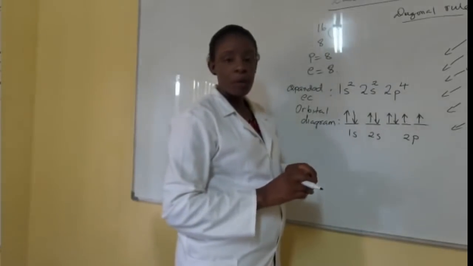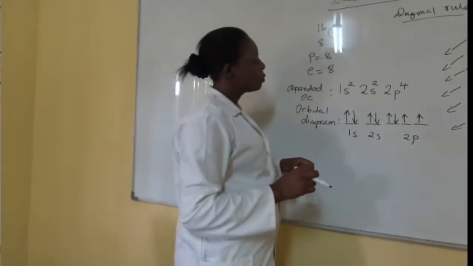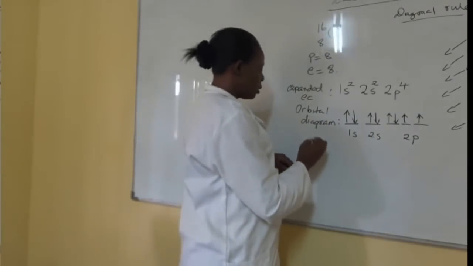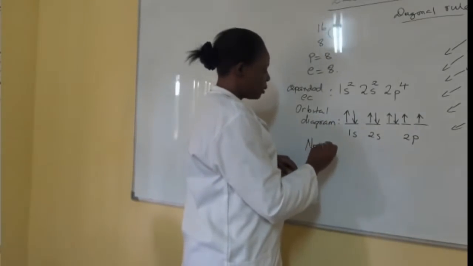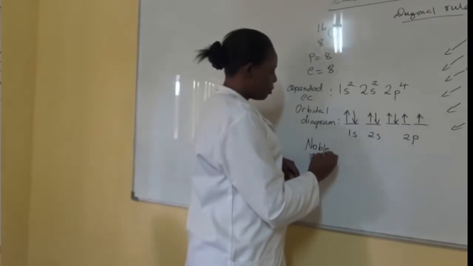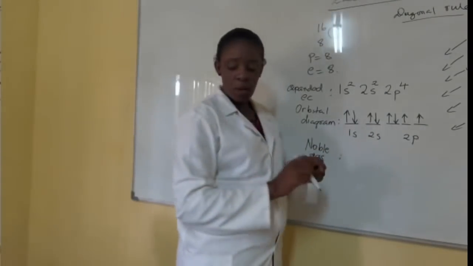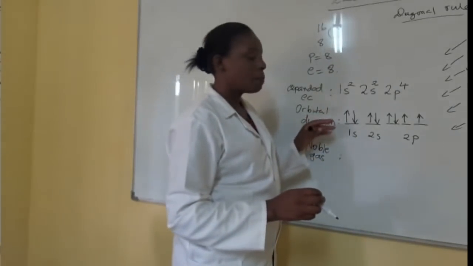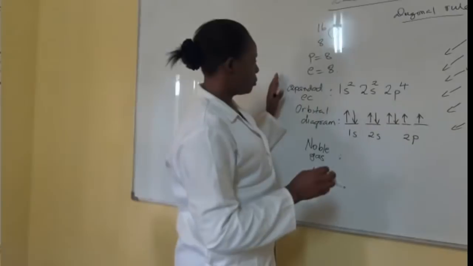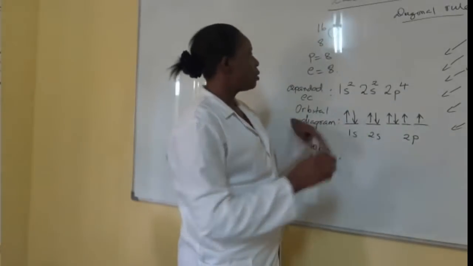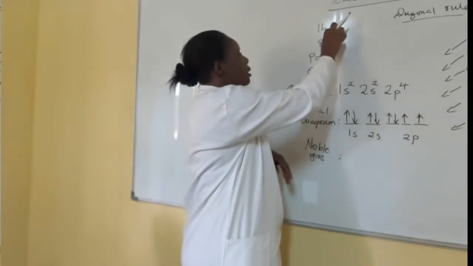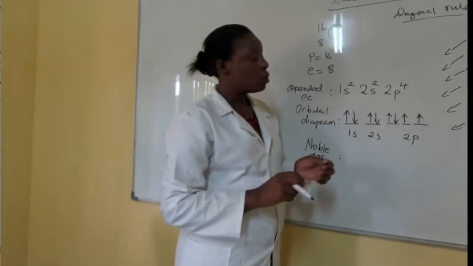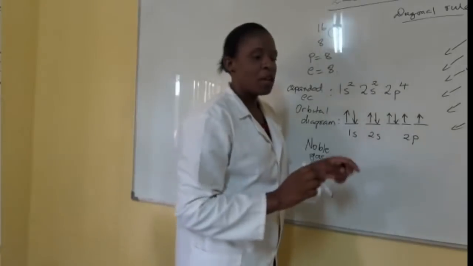Right. And then we now represent this using noble gas configuration, or the abbreviated electronic configuration. When you are considering this, we have to look at the noble gas which is just preceding oxygen on the periodic table. Okay, so I'll just pick my periodic table.